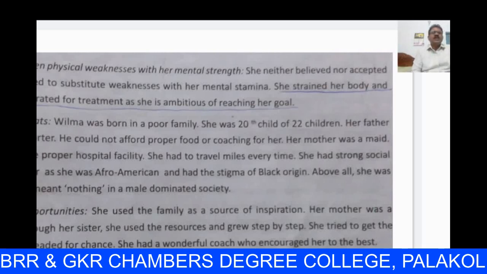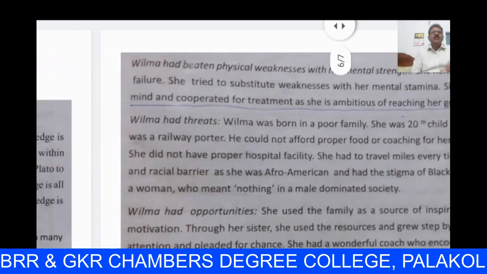Not only that, her father had a small job. He was a railway porter. And with that small salary, he ran the family smoothly. And her mother was a maid.